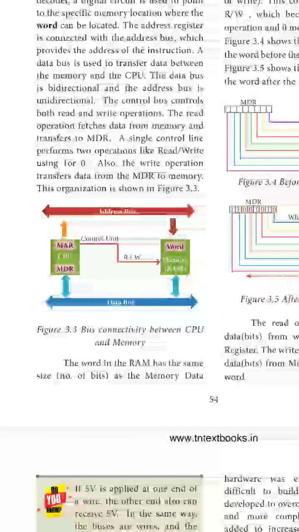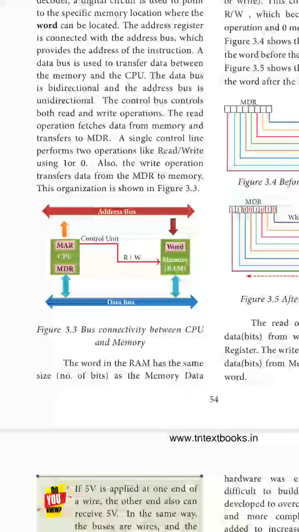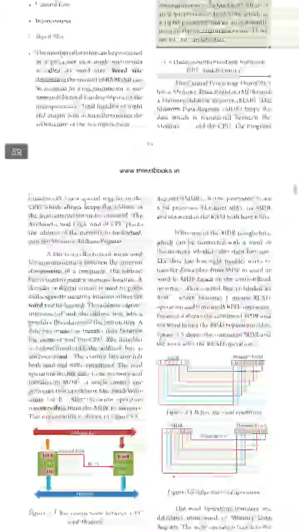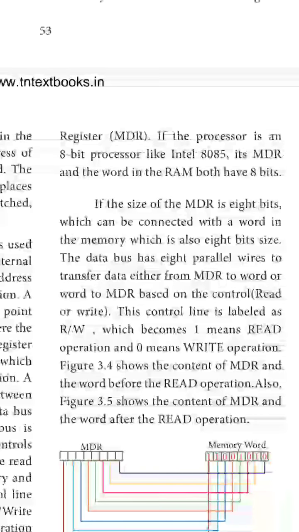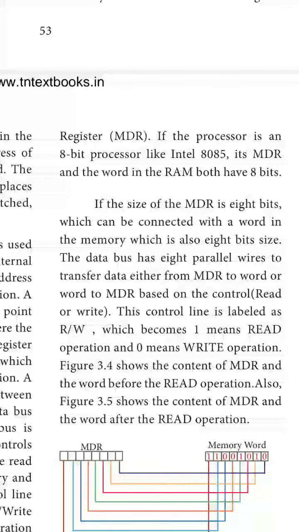The word in the RAM has the same size as the memory data register. The MDR is the register that will have the word size. If the word is 8 bits, then the MDR must be 8 bits.